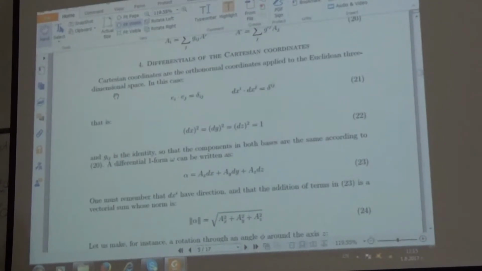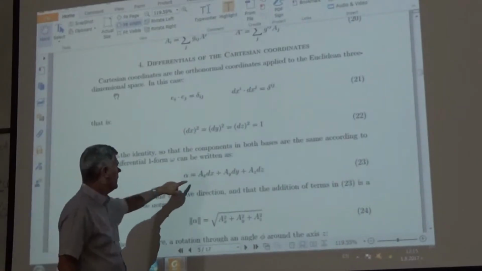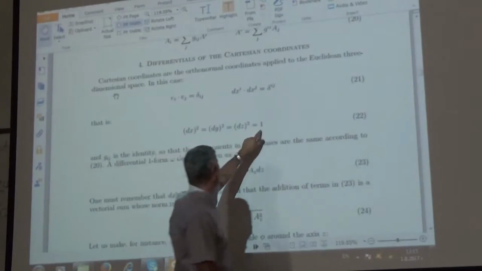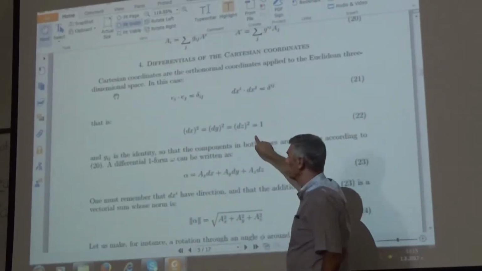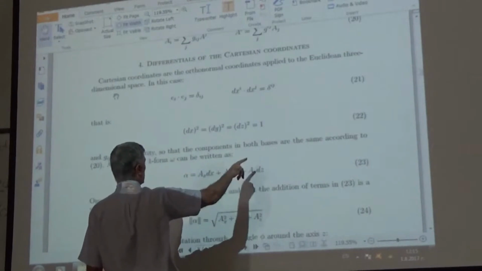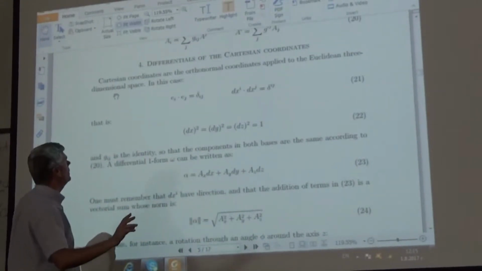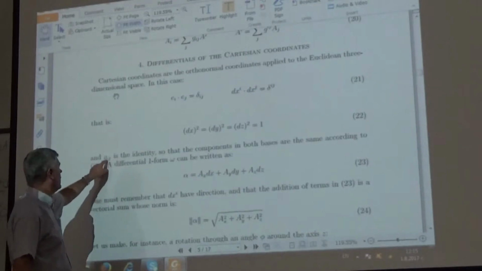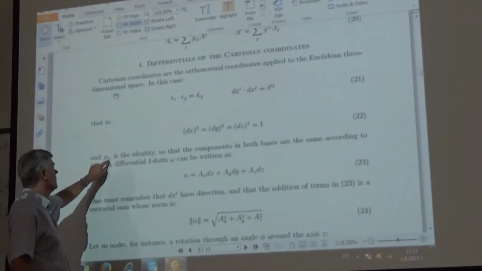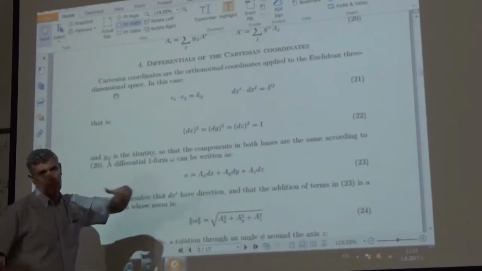Yes, tell me. You wrote, after the line 22, g is the identity? What? After line 2. Yes, the unit. On the left, g. This is the identity matrix.